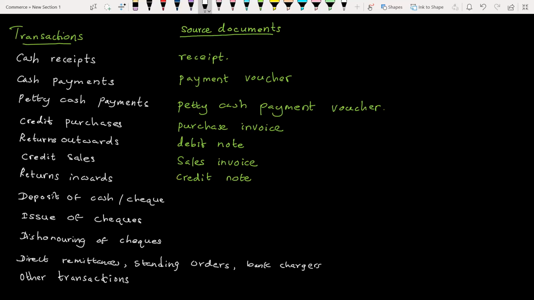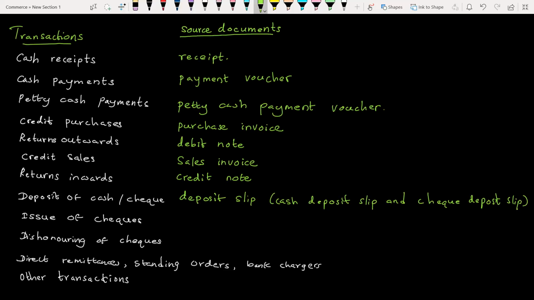Then deposit of cash or check. Here we use the deposit slip. There is a cash deposit slip for cash deposits and a check deposit slip for check deposits. So commonly we can say deposit slip. Then issue of checks.